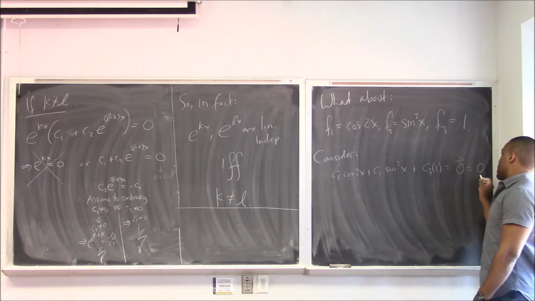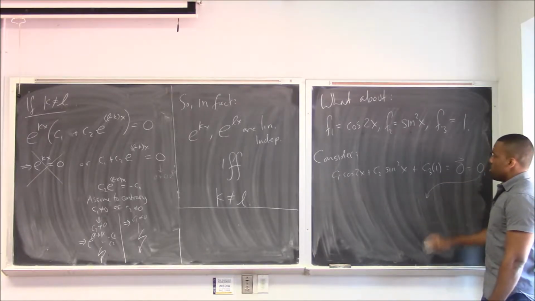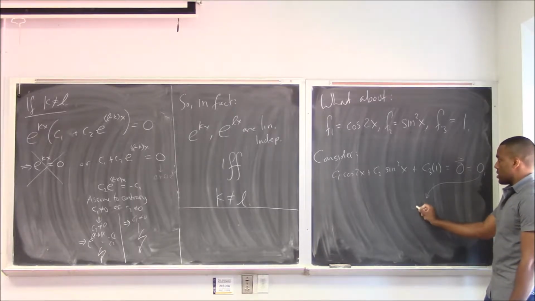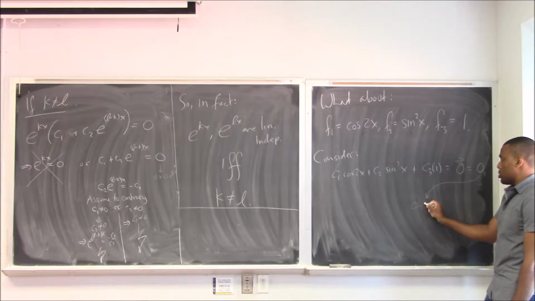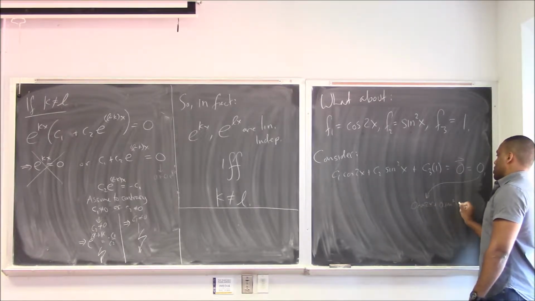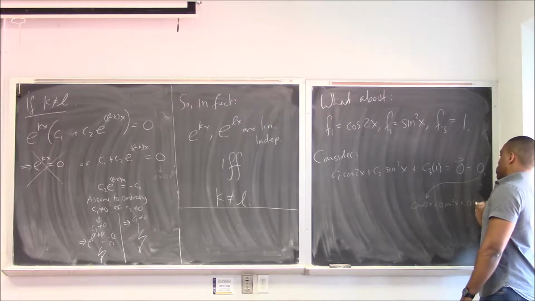Here's a pitfall that I want to point out. Let's say we wanted to do that trick where we sort of wanted to equate coefficients or something. What if I thought of this 0 as 0 times cosine 2x plus 0 times sine squared x plus 0 times 1?